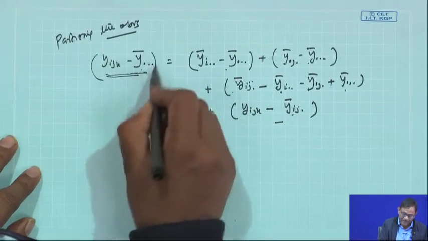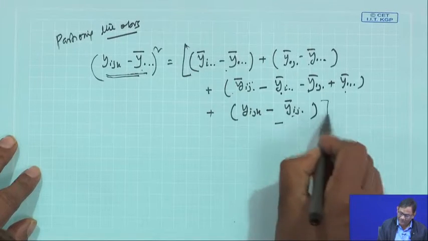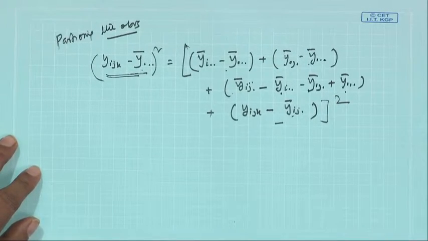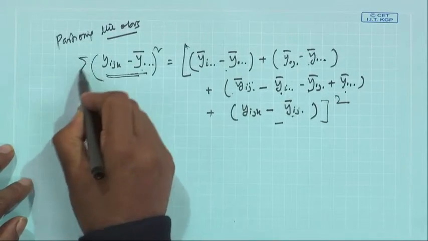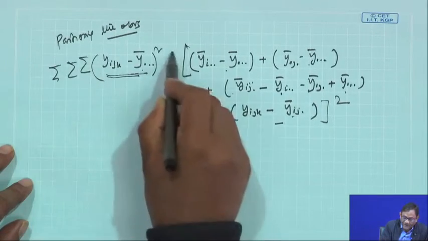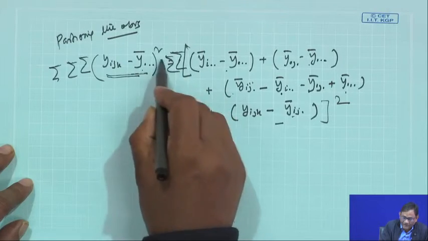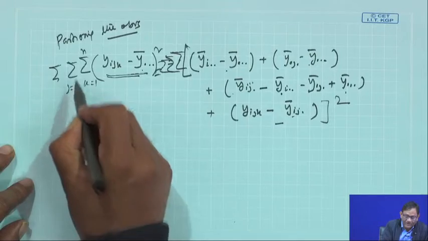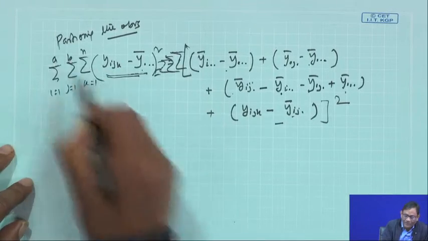So, you can square it and take the sum over i, j, k, k equal to 1 to n, j equal to 1 to b, i equal to 1 to a.